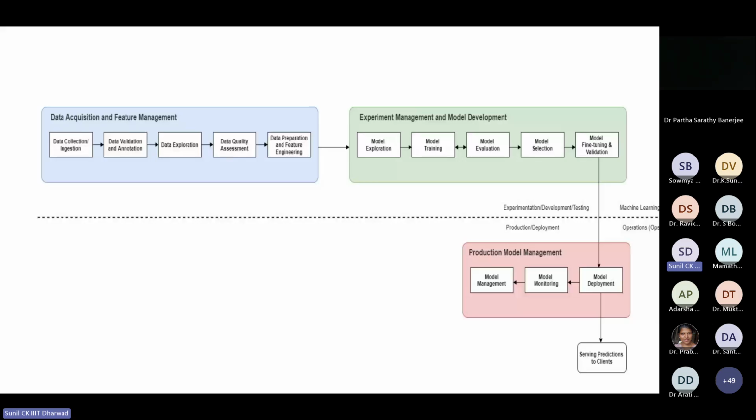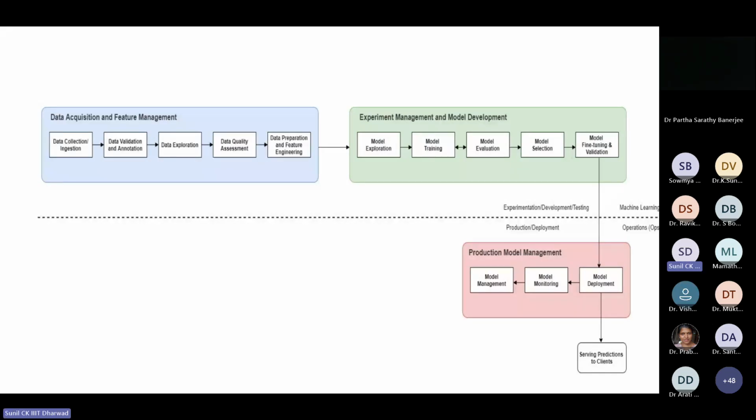Data preparation and feature engineering can be done in the first part of the life cycle. Then experiment management and model development: what we have seen are model exploration, model training, model evaluation, model selection, model fine tuning and validation. These are the things we are going to see.